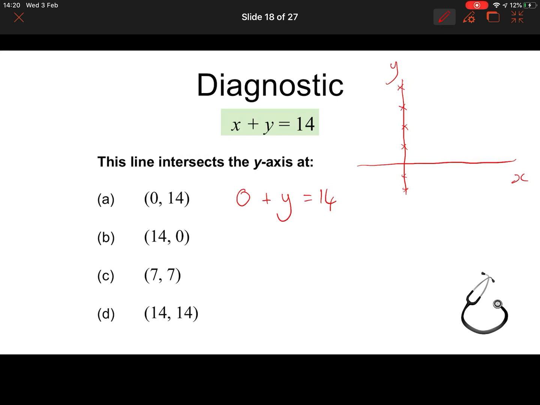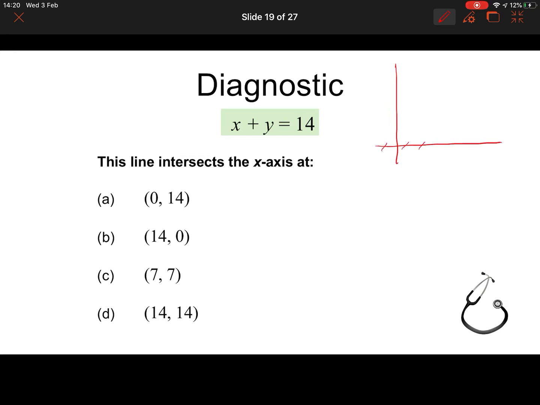So we intersect the y-axis when x equals 0. So 0 plus y equals 14, so it must happen when y equals 14 and x is 0. So there we go. We knew it was going to be this one because the intersection of the y-axis always happens when x is equal to 0.